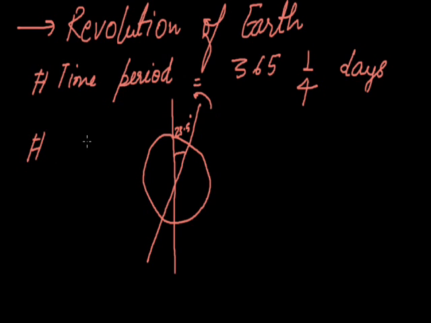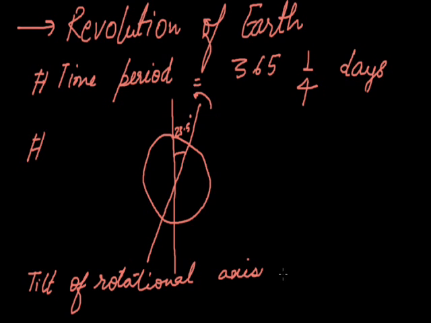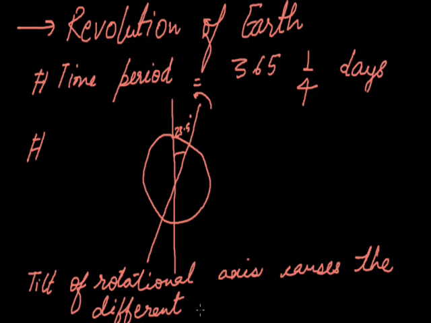Now, this tilt of rotational axis plays an important role and causes the different seasons on Earth.